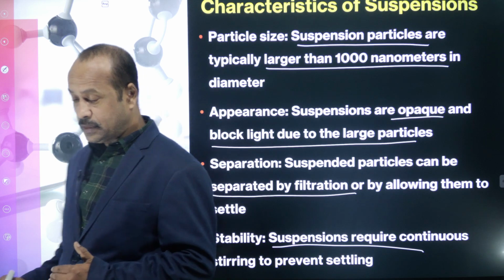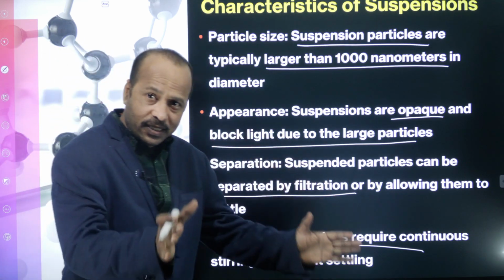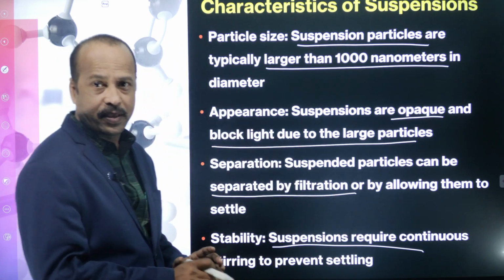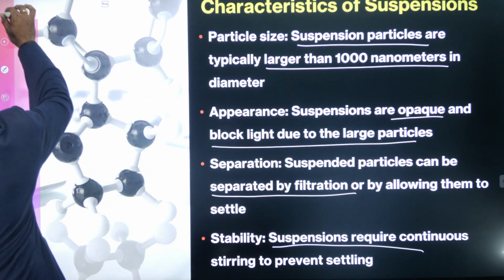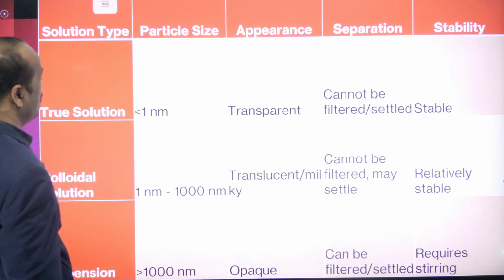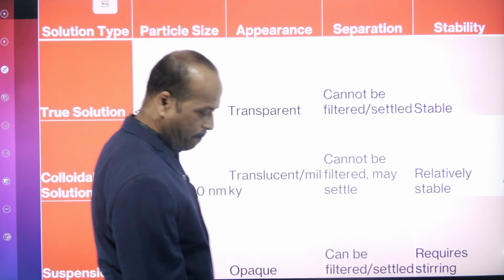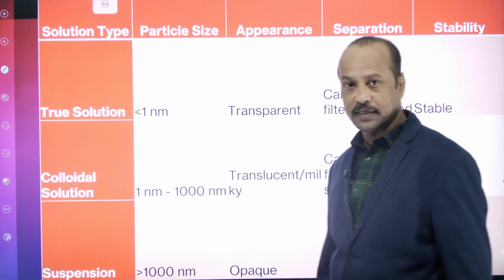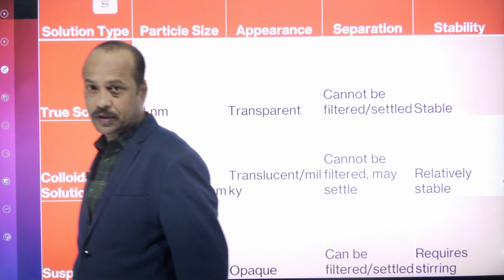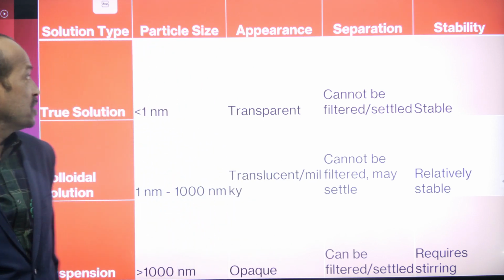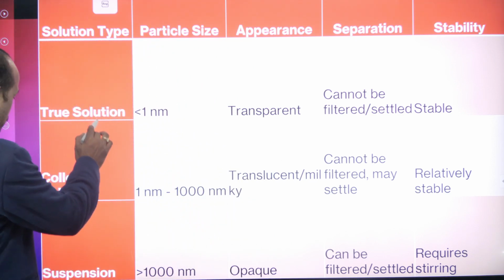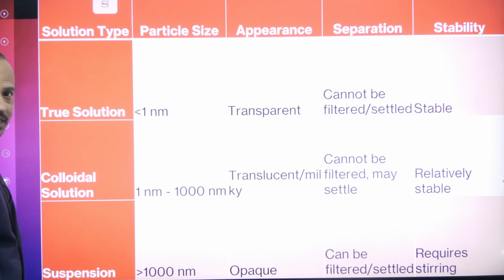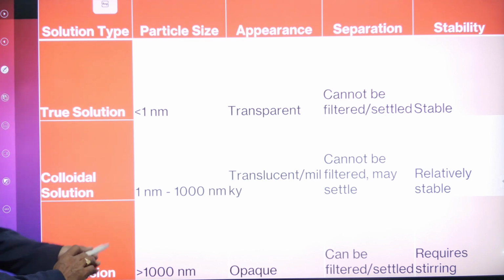Now we compare the properties of all three solutions in one table. The three solutions are true solution, colloidal solution, and suspension. First, particle size.